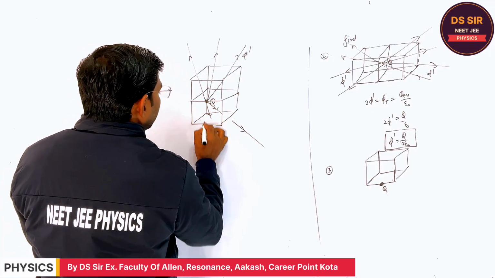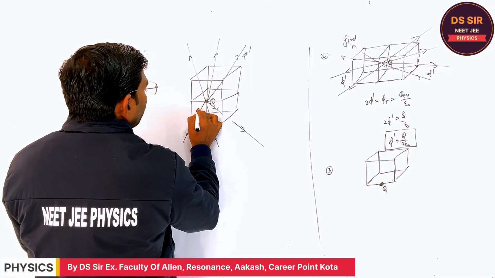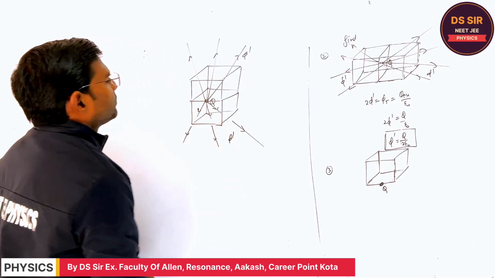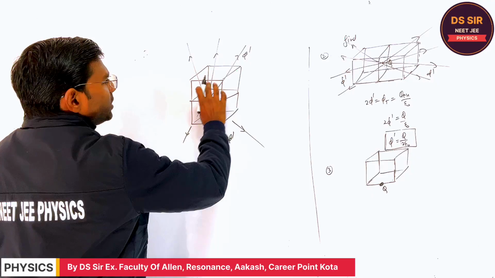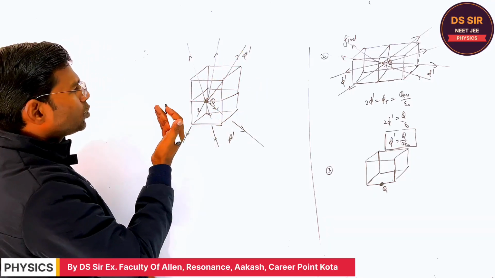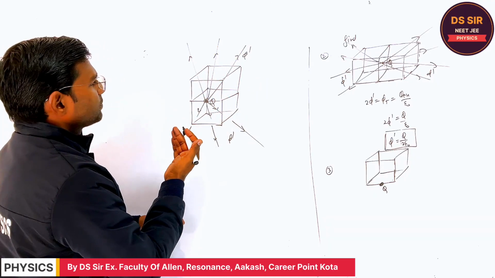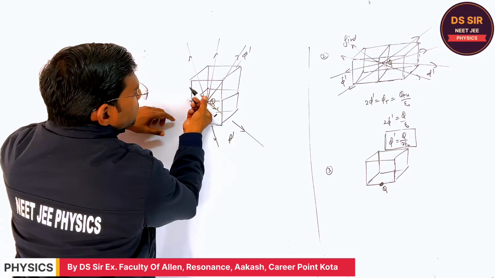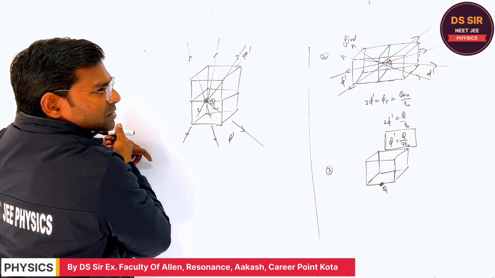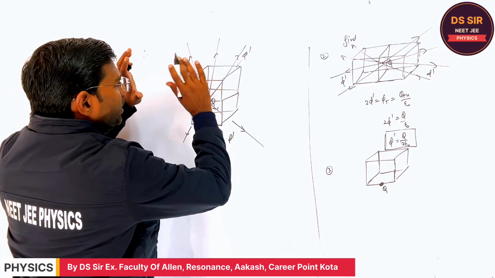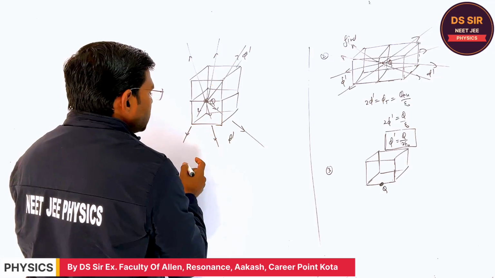It is also phi dash. And two such cubes you can assume in front of this, so phi dash plus phi dash, and it will be enclosed by this Gaussian surface.